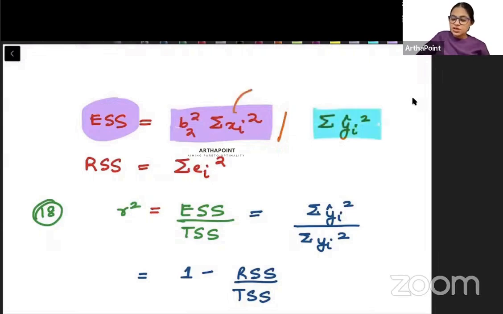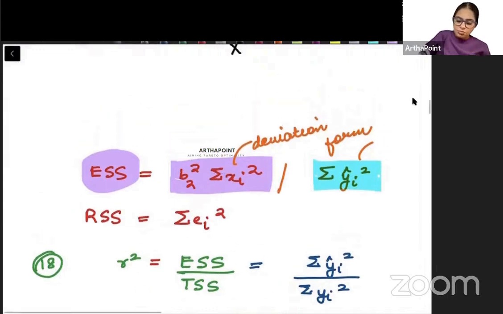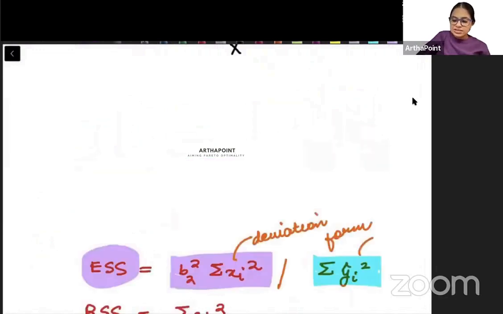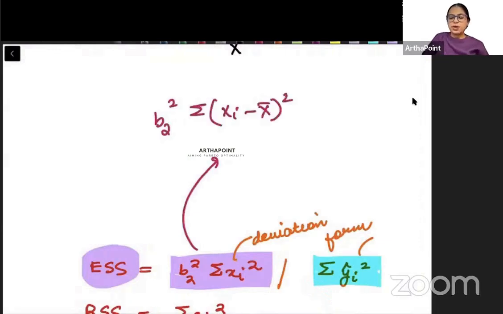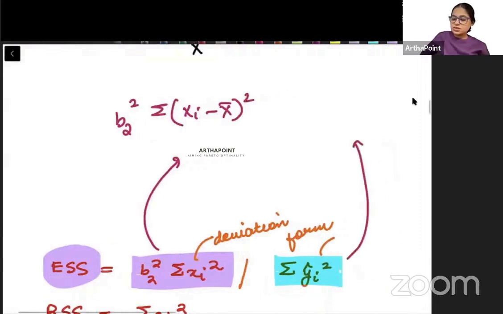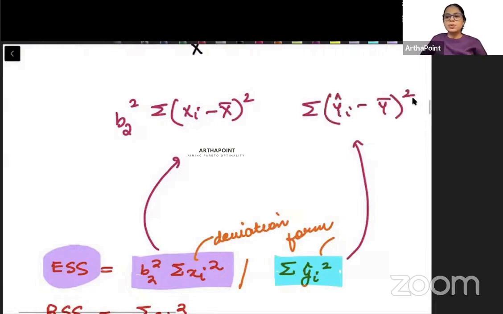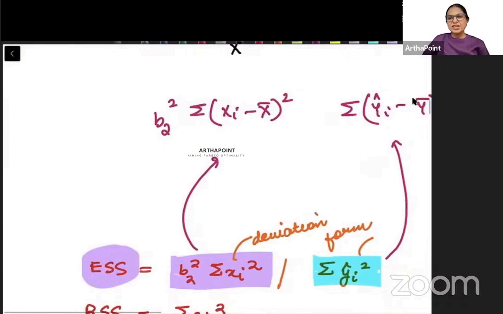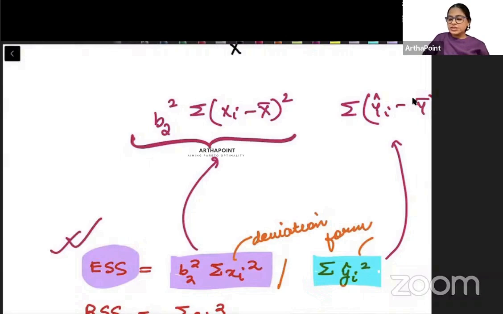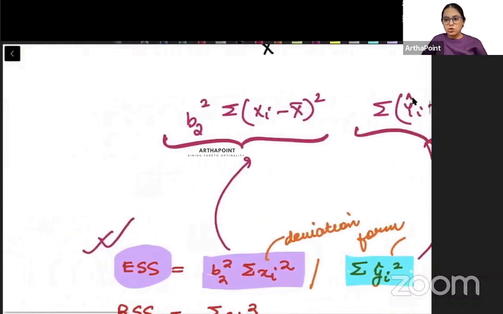These are all in deviation form, beta, remember. So when I am writing the explained sum of square, this is nothing but b2 square summation xi minus x bar whole square, and this is nothing but summation yi hat minus y bar whole square. These are all in deviation form. So the explained sum of square can be written like this, and like this also.